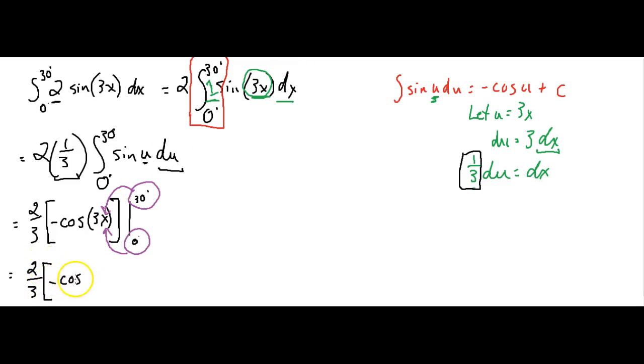Minus cos 3 times 30, subtract, because I'm evaluating the difference between these, minus cos 3 times 0.